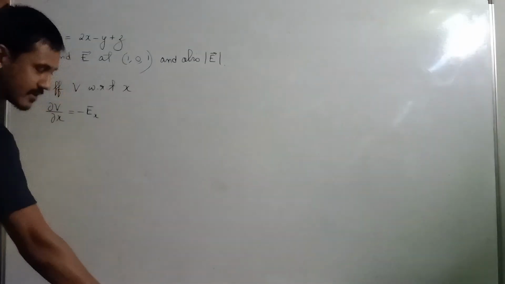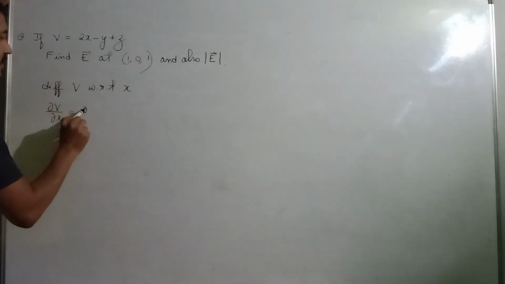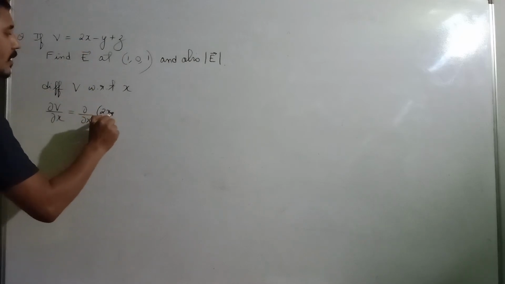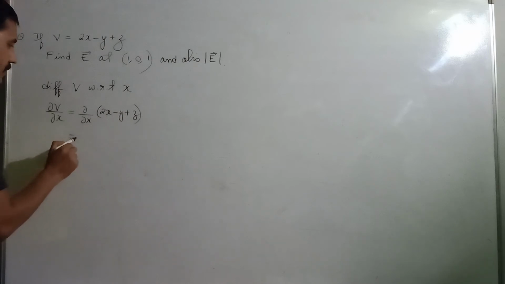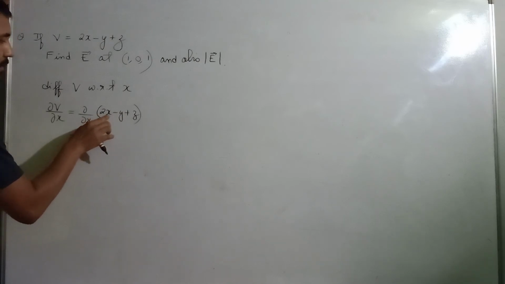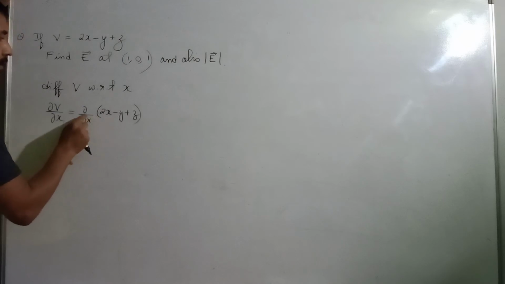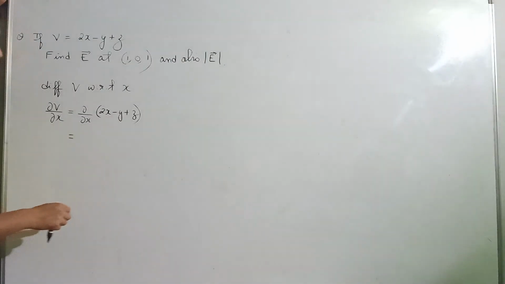But wait. Del V by del x means del by del x of your V, 2x minus y plus z. Differentiation of x with respect to x will not be 0, but the differentiation of y and z will be 0, right?